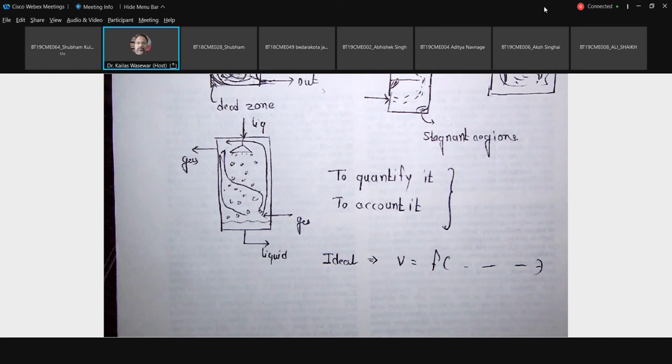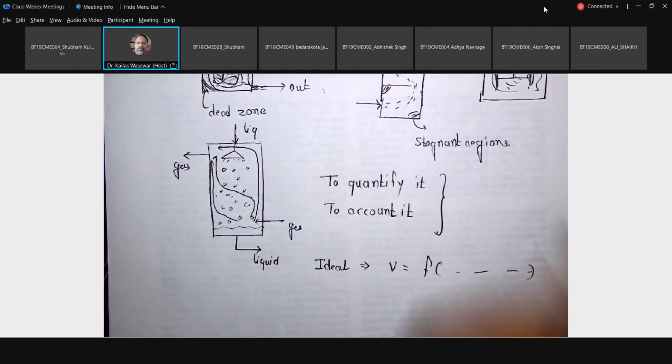And once you design it for a particular conversion you have decided, to know whether it will really give the same result or not, you can check through the residence time distribution study and then quantify the conversion.